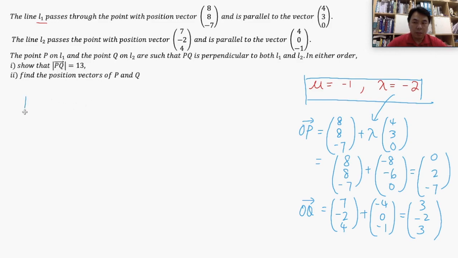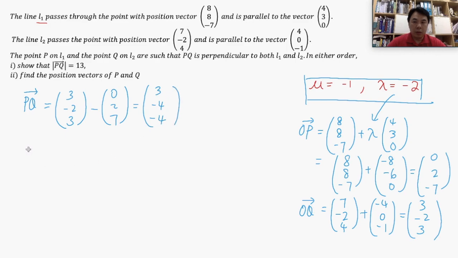So let me get the position vector for PQ first, based on the result that I have obtained. In this case, it will be (3, -2, 3) subtract (0, 2, 7), then that will yield (3, -4, -4).